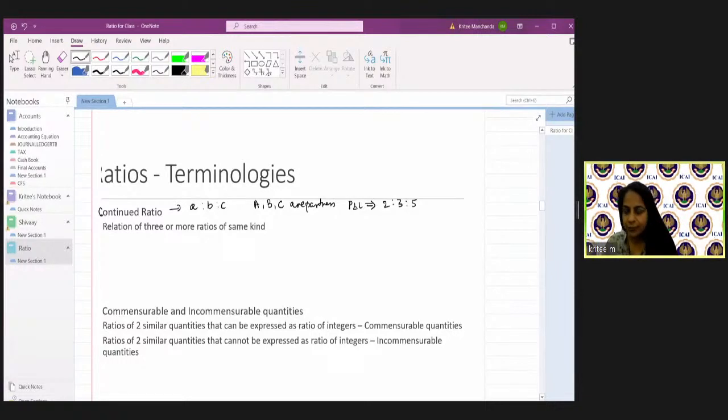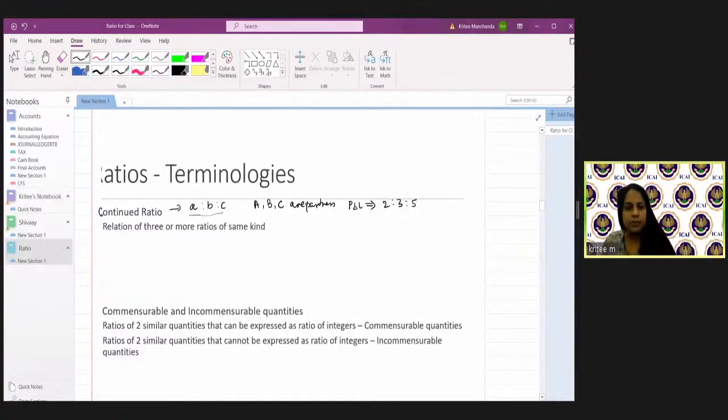That is known as continued ratio. We have some practical questions also about the continued ratio. So for A is to B is to C, we represent the continuation this way: A is to B is to C.